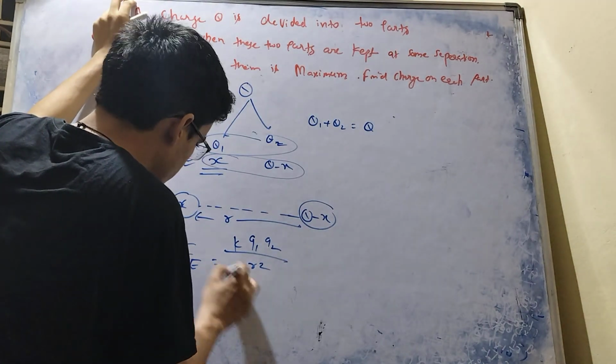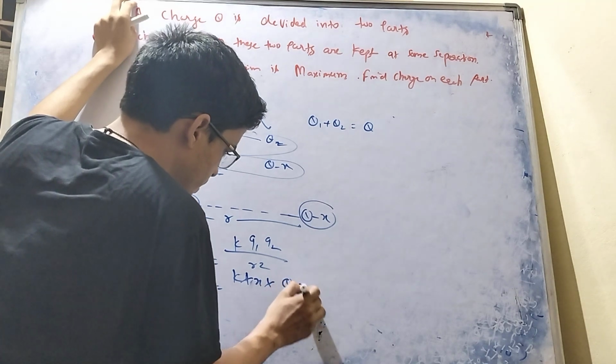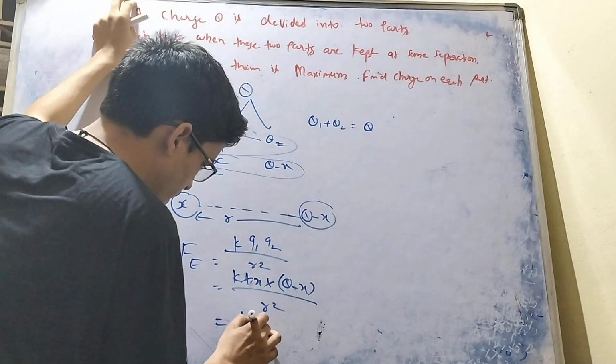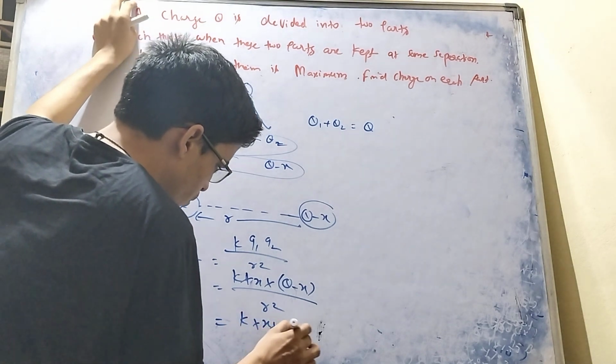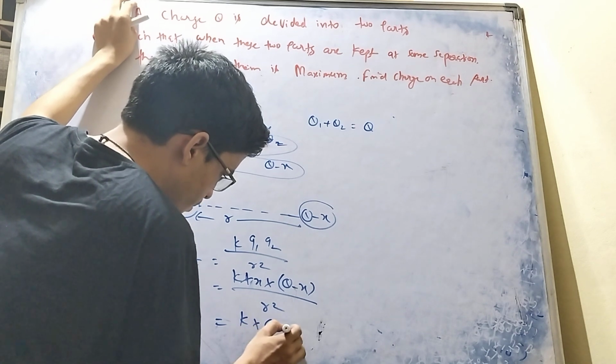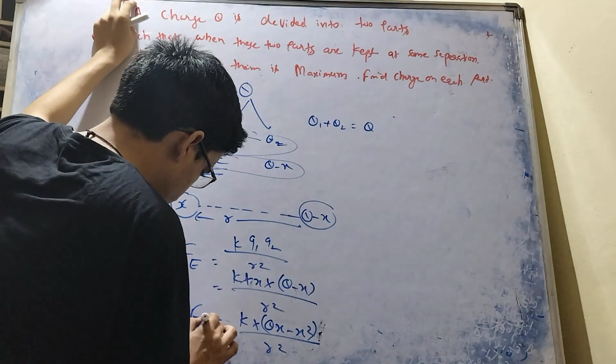What is Q1? This will be X. And what is Q2? Q minus X upon R square. If you solve, K into X into Q minus X. Otherwise you can write this as K(Qx minus X square) upon R square equals Fe, right?